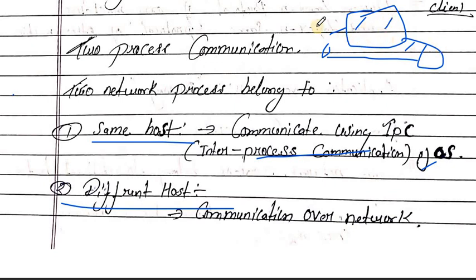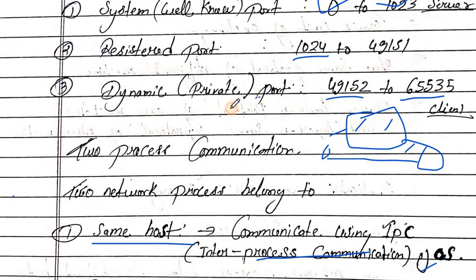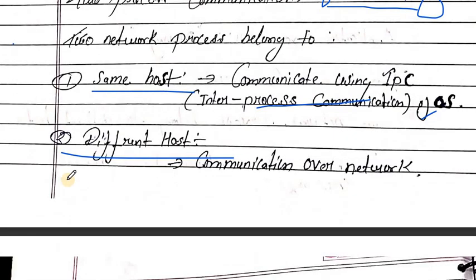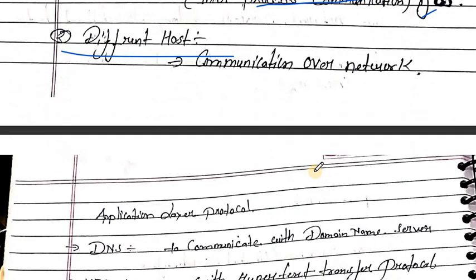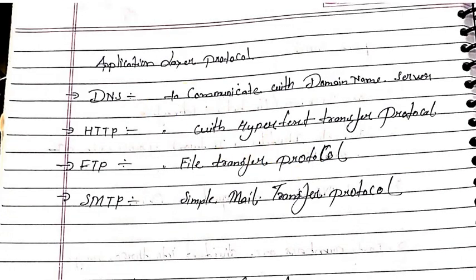Different host means there is a second computer having a process, and the process of the second computer is communicating with the process of the other computer. This is called communication over the network.